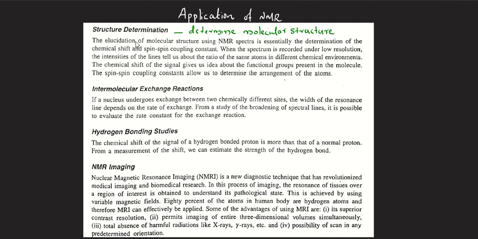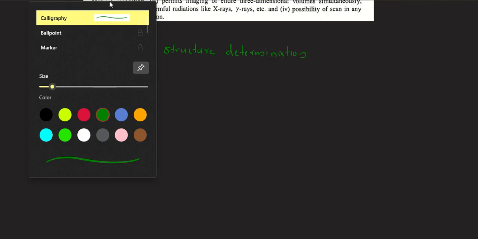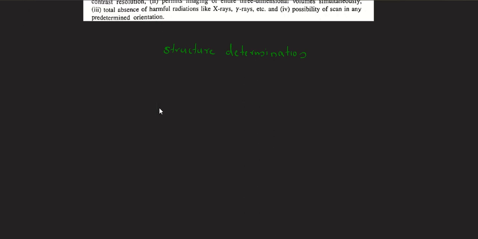How is the molecular structure determined? We use 2 parameters for determining the molecular structure. Now here we use 2 parameters that we have already studied.